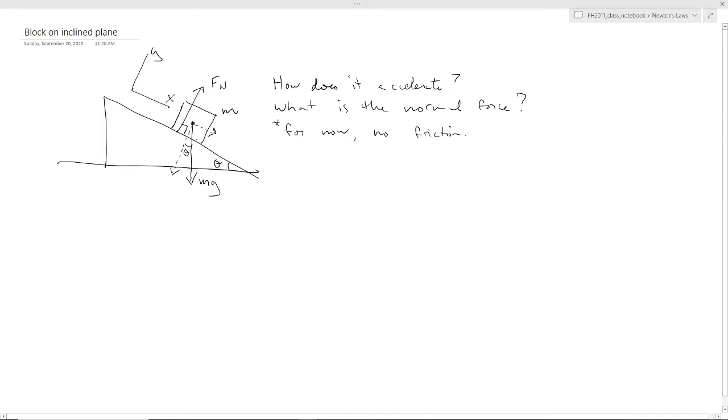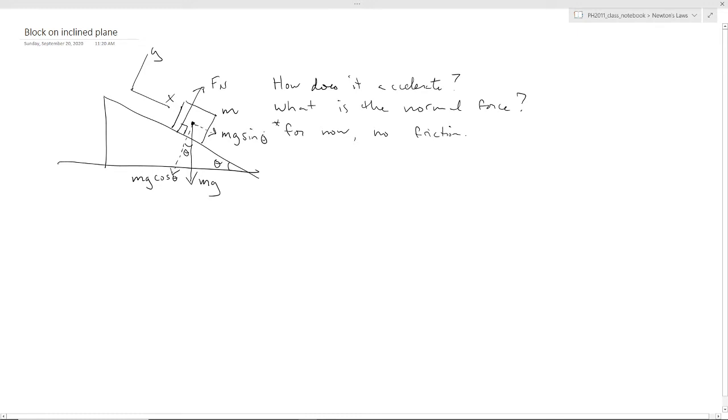Okay. So if we want the piece that is pointing along negative y, that is going to be mg cosine theta. And the piece that's along the incline, along x, this would be mg sine theta.